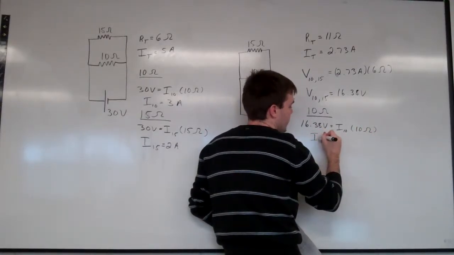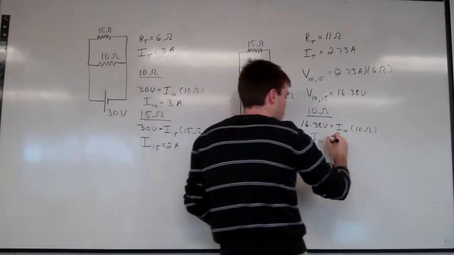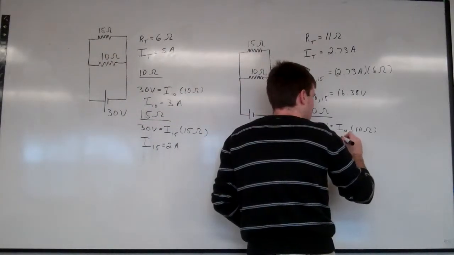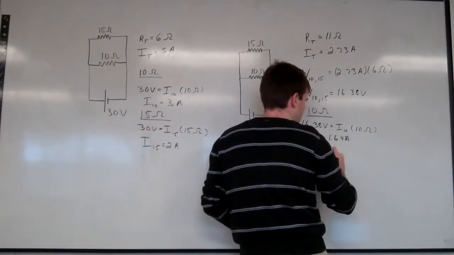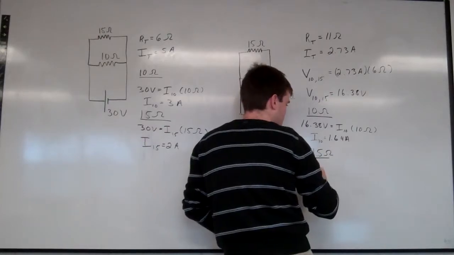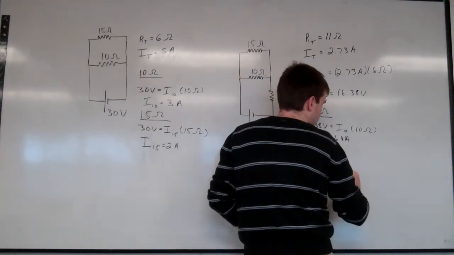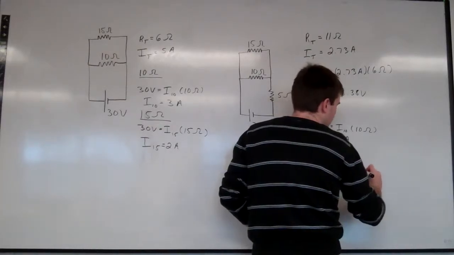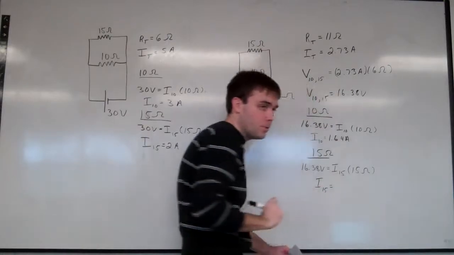And what's the current through 10? 1.64 amps. Same thing for 15. We do 16.38 volts equals current through 15 times 15 ohms. What's the current through 15?